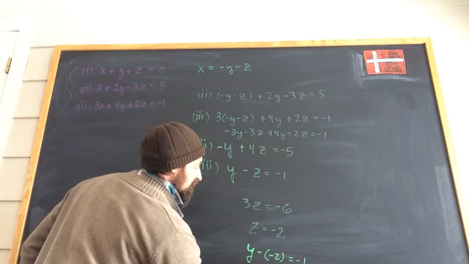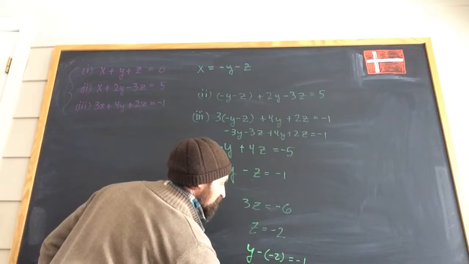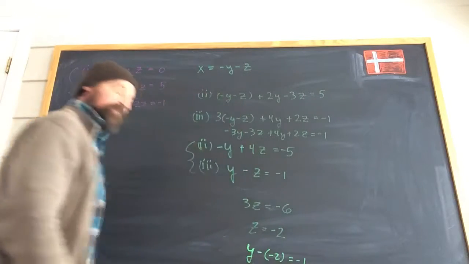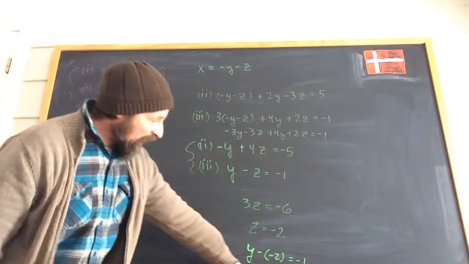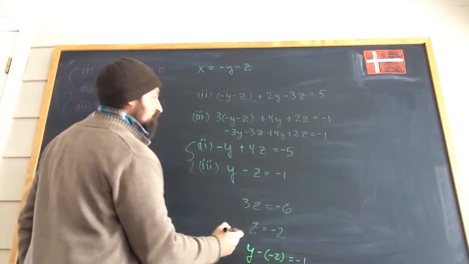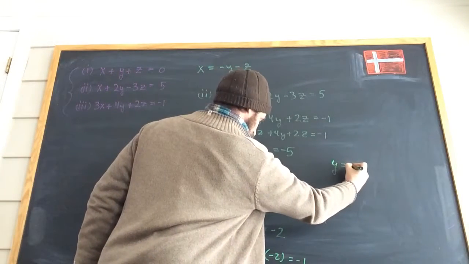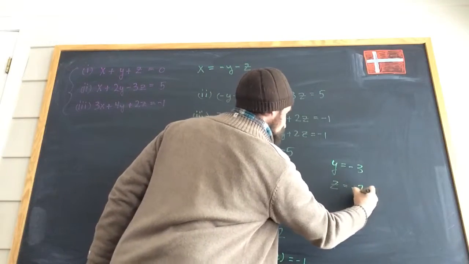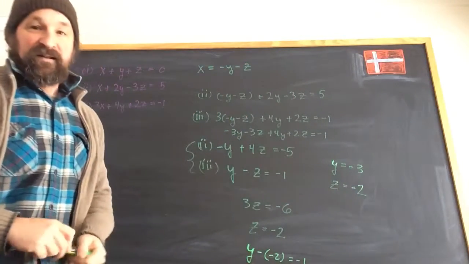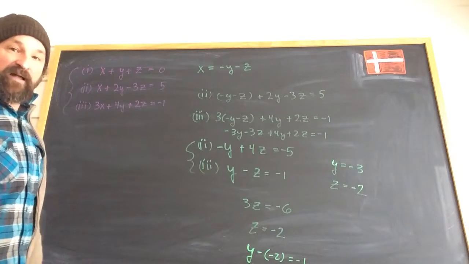Y plus 2 equals negative 1. y equals -3. Okay, so we've got the solution of the 2 by 2 system as y equals -3 and z equals -2.